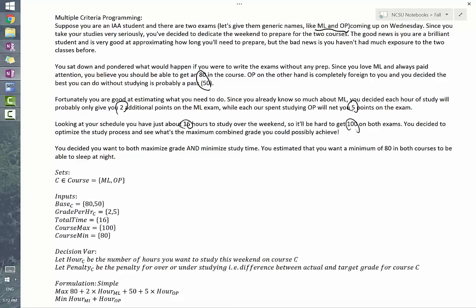But as long as you achieve that, you're really indifferent about the different combinations of grades versus study time. However, while you're indifferent, you want to see what is the Pareto frontier of different grades and study time combinations. This is multi-criteria programming.